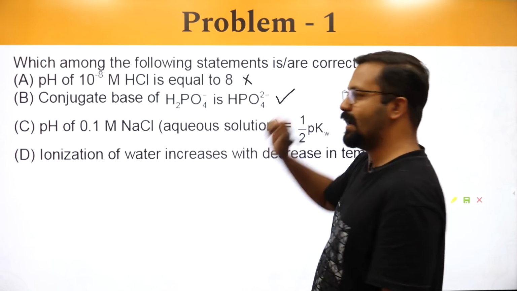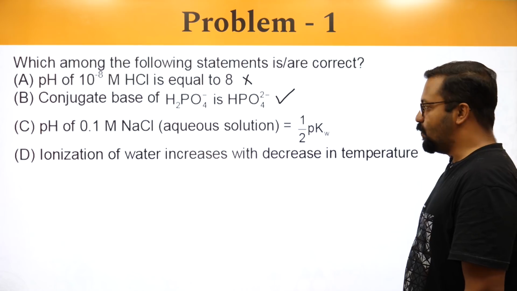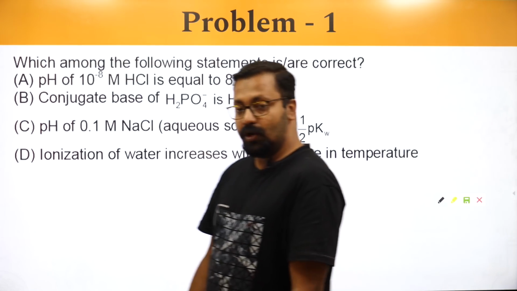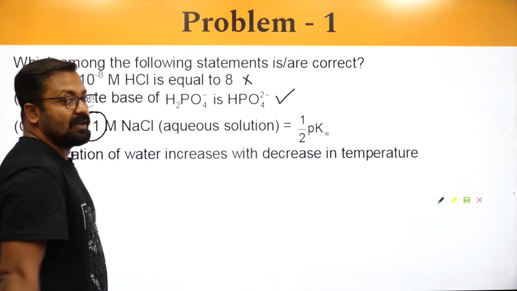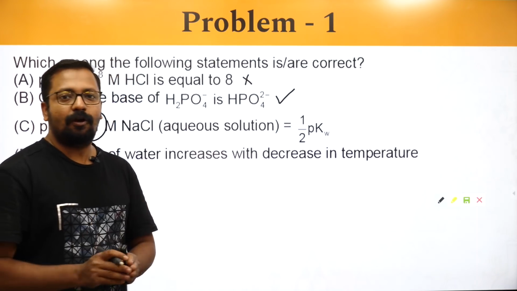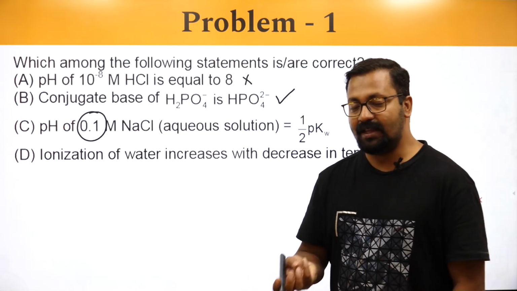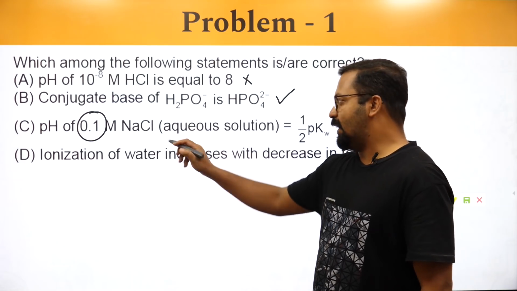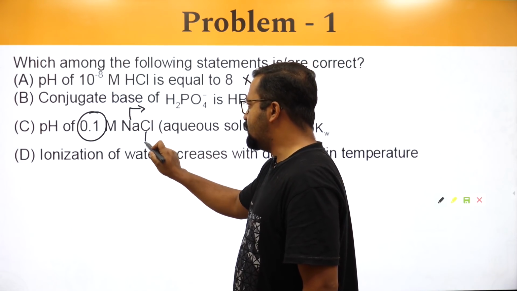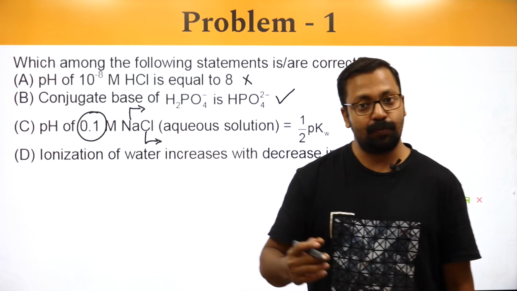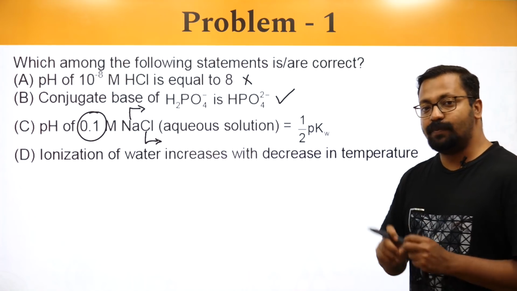So this is a correct statement. The pH of 0.1 molar NaCl aqueous solution is half of pKw. How do we know this? It does not matter what amount of NaCl is given. NaCl is a salt of a strong acid and a strong base, and no matter how much NaCl you put in water, the extent of hydrolysis is negligible, and because of that, the pH of the solution will always be equal to 7.